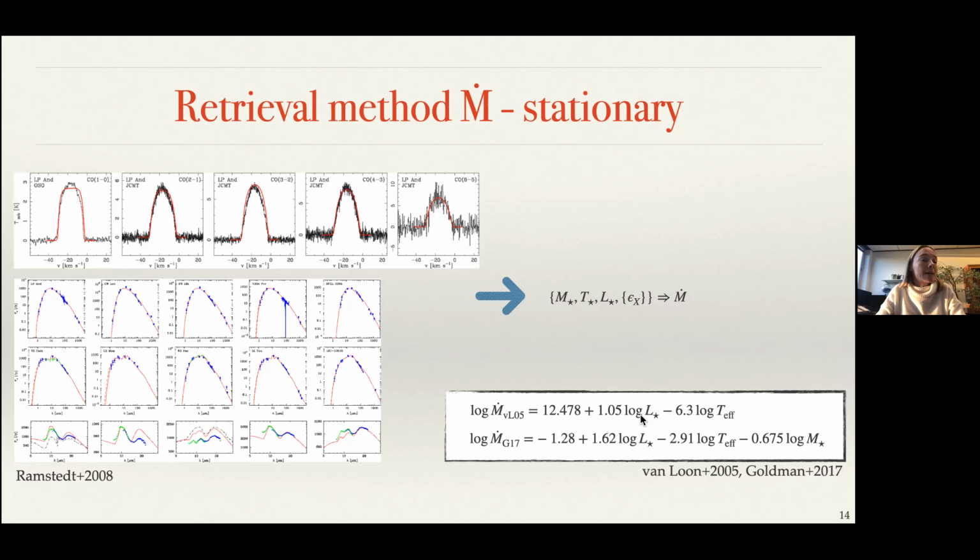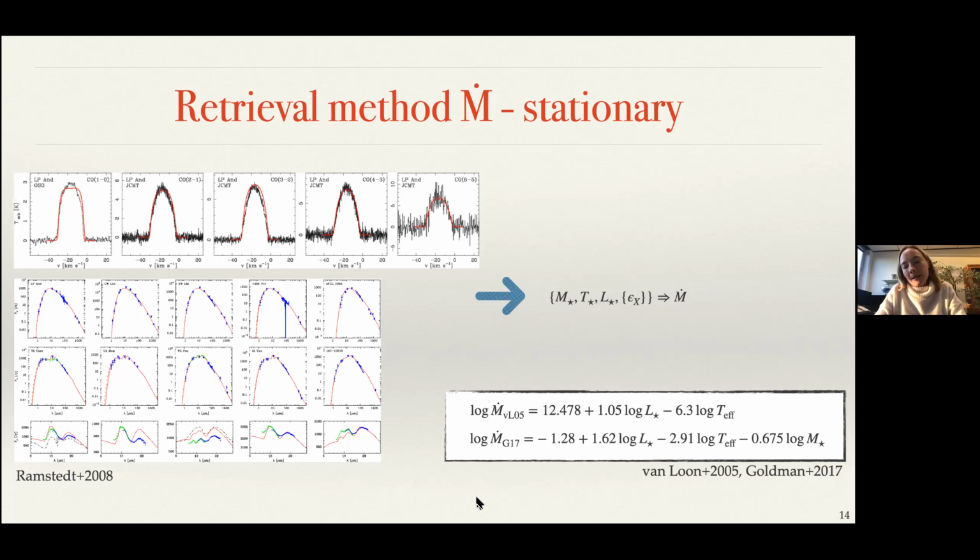And I give you two examples here. You will see them coming back later on. Jacob van Loon in 2005 has proposed a mass loss rate prescription, and Goldman in 2017 has proposed another mass loss rate prescription for this kind of stars.